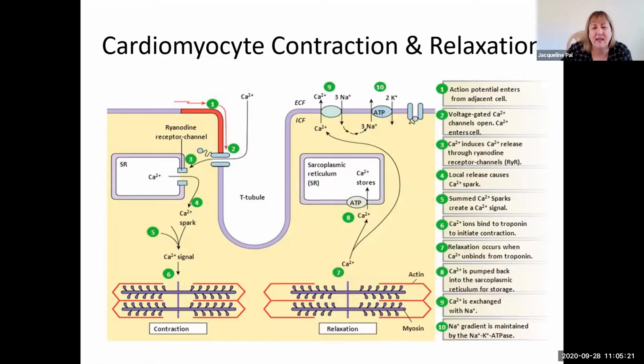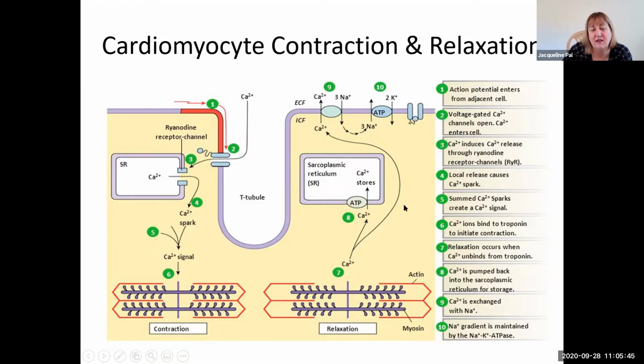After this, the calcium is kicked off the troponin. We're going to use our SERCA system with ATP to send calcium back into the sarcoplasmic reticulum so that we have stored calcium to generate another contraction later on.